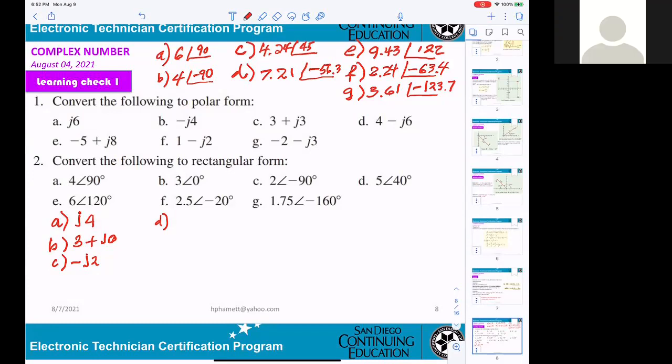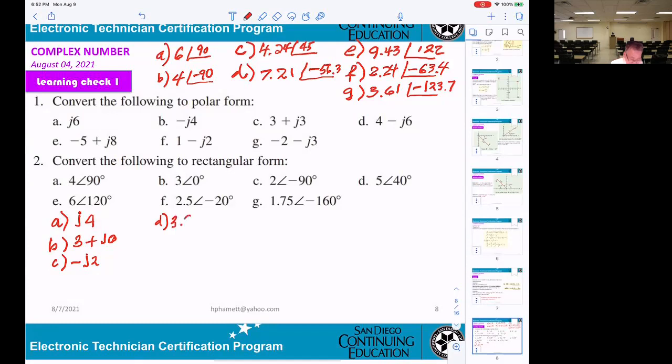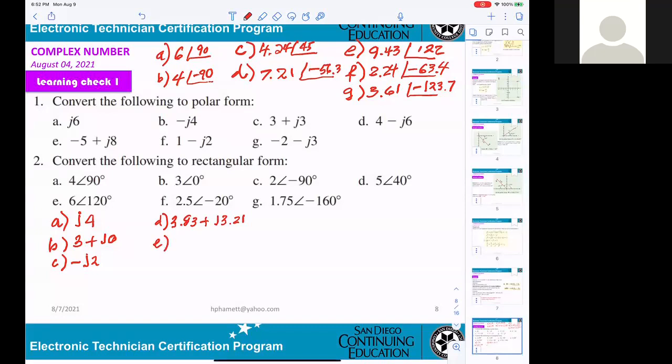E is 3.2 plus J3.83. Let's see, D, 3.83. Okay, plot J3.21. I think it will be the opposite: 3.2 plus J3.83.